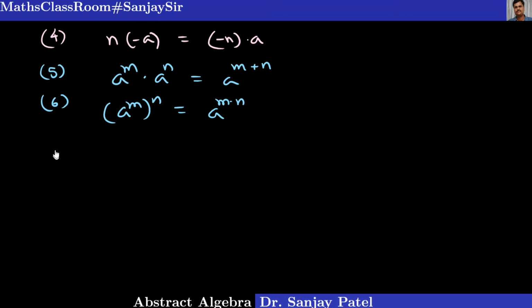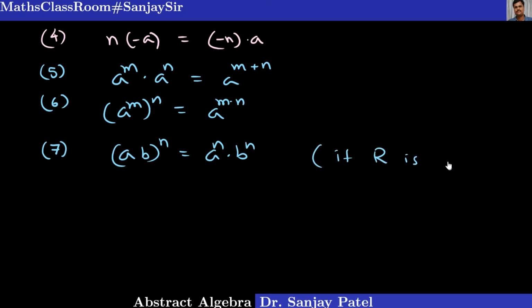The next thing we want to define is (ab) raised to n is equal to a raised to n into b raised to n, if R is a commutative ring. Otherwise, we cannot write this type of result.